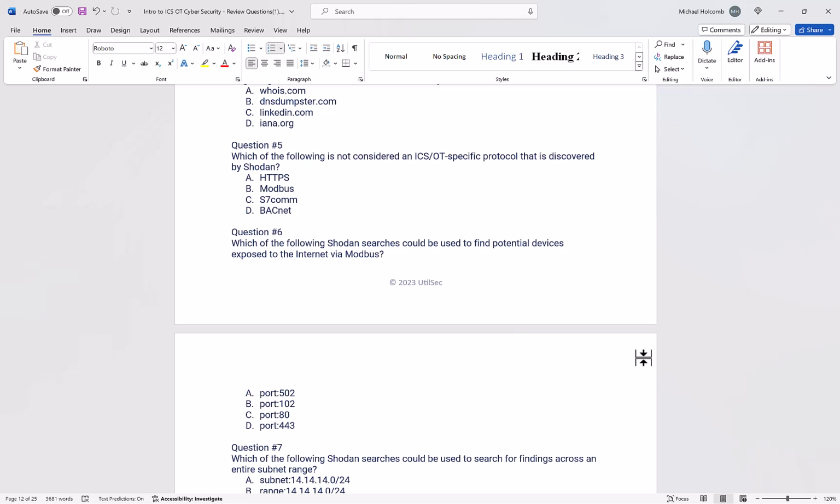But we do have versions of Modbus, S7, BACnet that run over IP. So we would see these through Shodan. HTTPS, man, that's a generic protocol we use for websites. So we talk about the answer here, HTTPS, which is that protocol we see. It's ubiquitous to IT and OT. It just means you have a web server sitting there running.